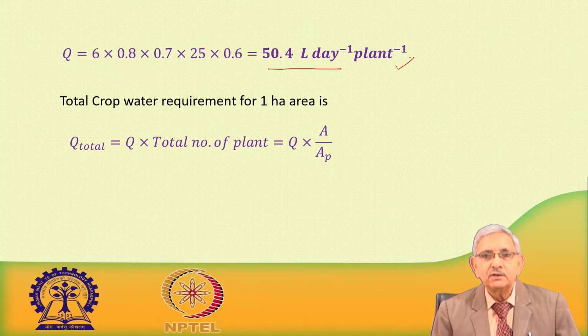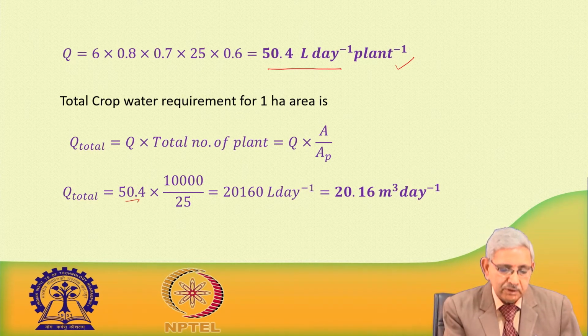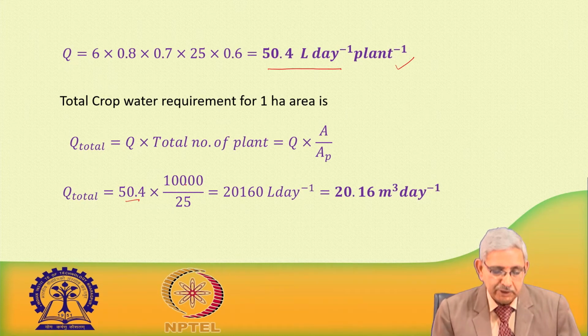So, 10,000 square meter divided by 25 square meter will give us the total number of plants. Then we have to multiply with the water requirement of a single plant or single tree. So, this way we get 50.4 liter per day, into 10,000 divided by 25.